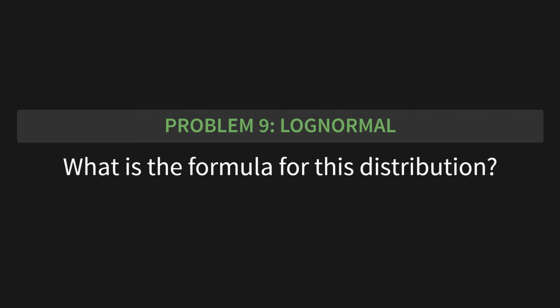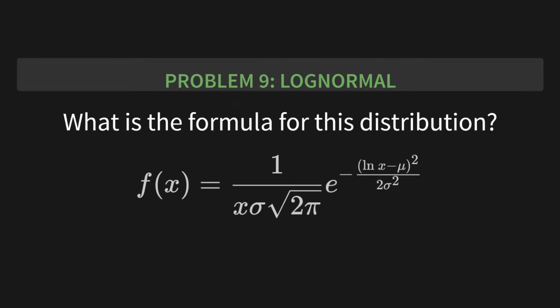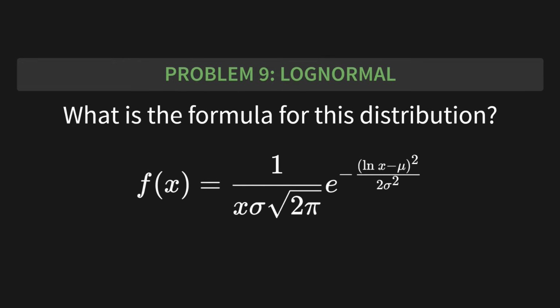What's the formula for the log normal distribution? F of x equals 1 over x sigma root 2 pi times e to the negative natural log x minus mu squared over 2 sigma squared.